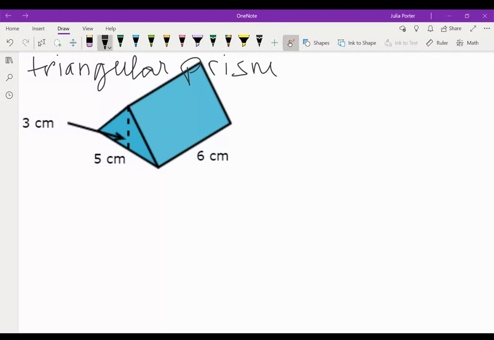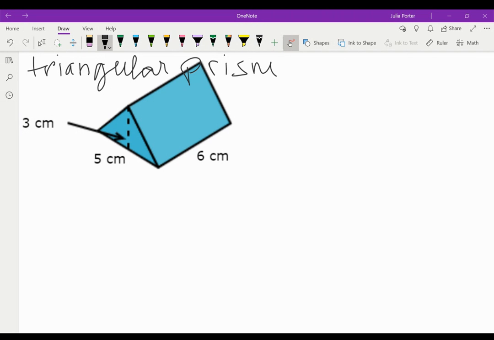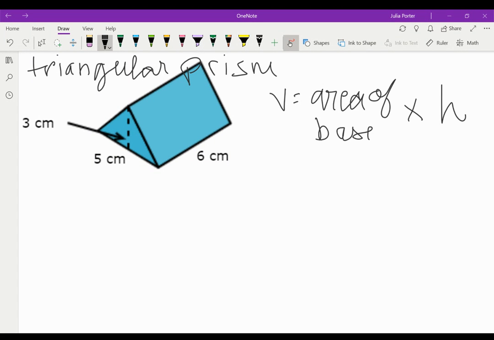In this one, this is where I want you to switch your thinking from saying volume is length times width times height, because here it's not really going to work the same. I want you to switch your thinking to volume equals the area of the base times our height.